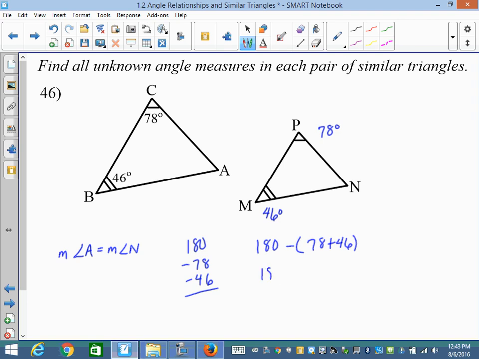So 78 plus 46, handy dandy calculator, is 124. And if I take 180 and subtract that number from it, we get the last angle to be 56. So this one is 56 degrees, and this one is 56 degrees.